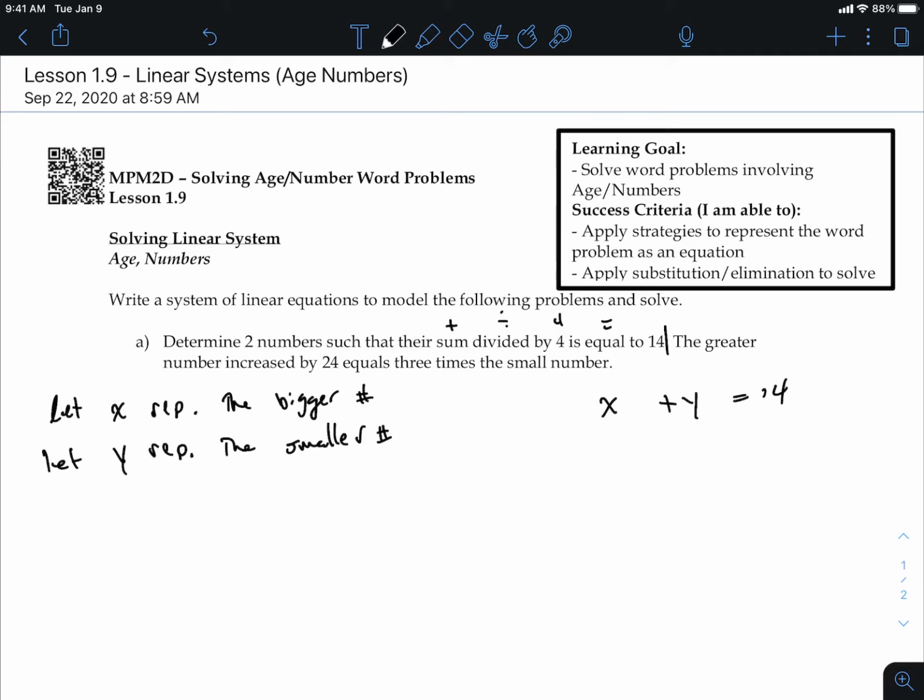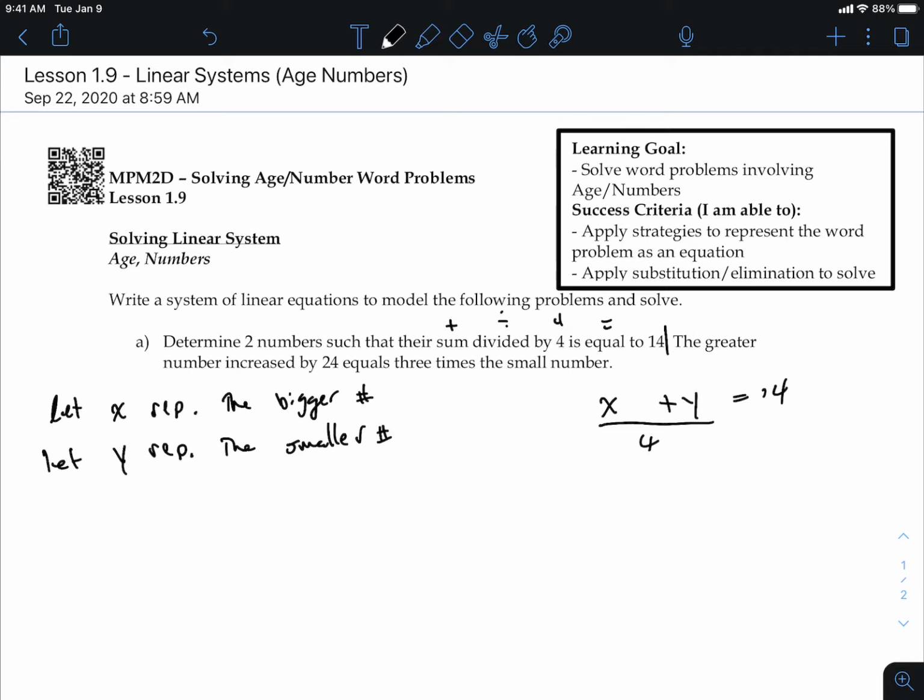So you've got two numbers, you add them together, and then if I divide them by 4, it's equal to 14. Sorry, not 14, 4. Does that make sense? I'm just doing what the words say, but I'm breaking it into pieces.